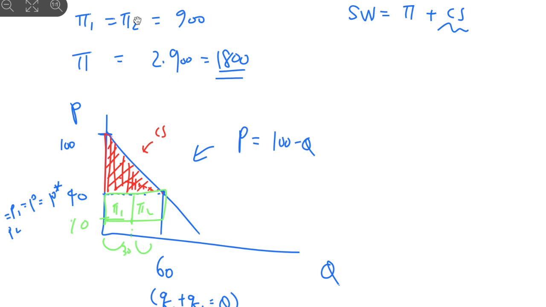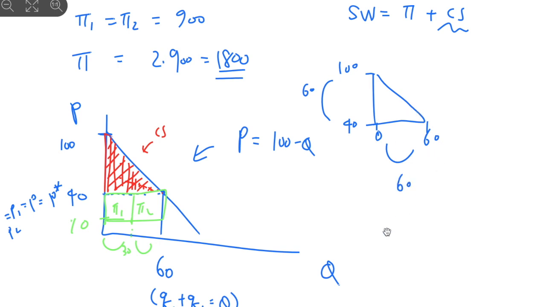All right, so let's calculate the consumer surplus. How can we get it? It's a triangle, right? Starting at 0 to 60 right there, and we have 40 to 100. So what we're doing is trying to capture the gap. The length is 60, and the other length is 60.